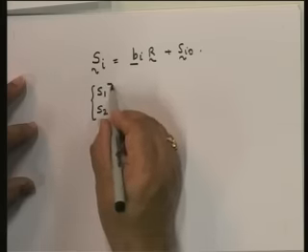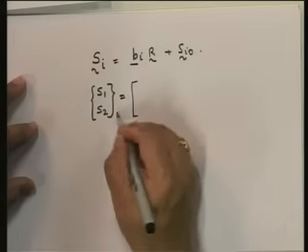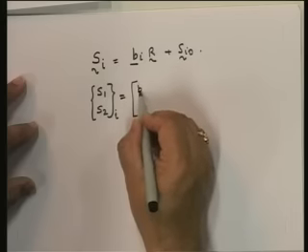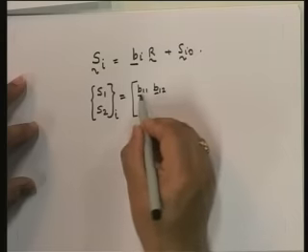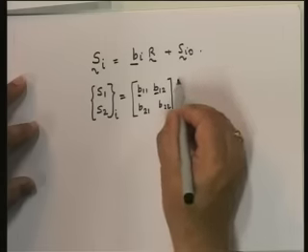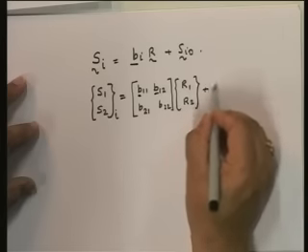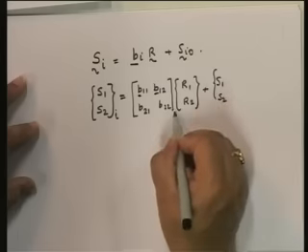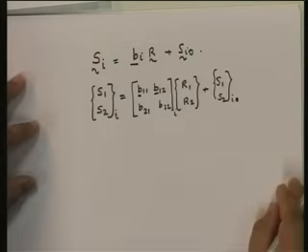I can write S1, S2 is equal to, in the previous case, B11, B12, sorry, B21, B22, times R1, R2, plus S1, S2 zero.